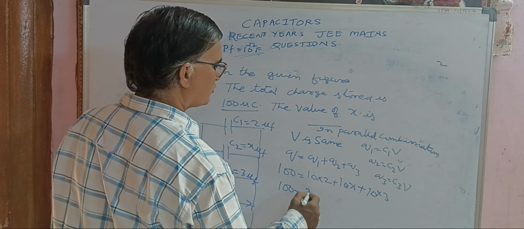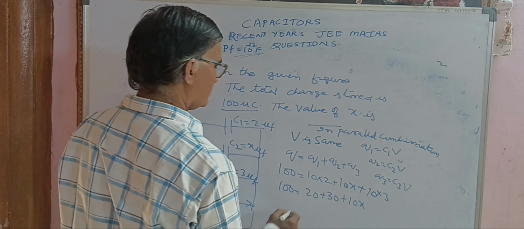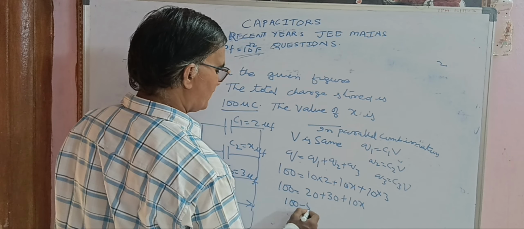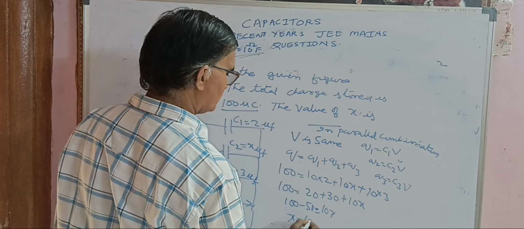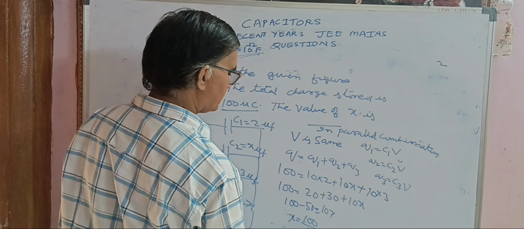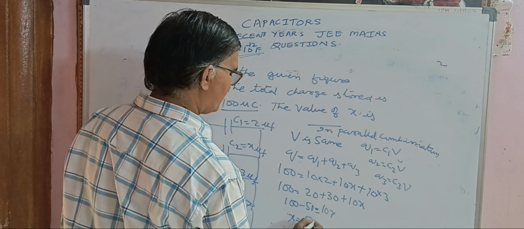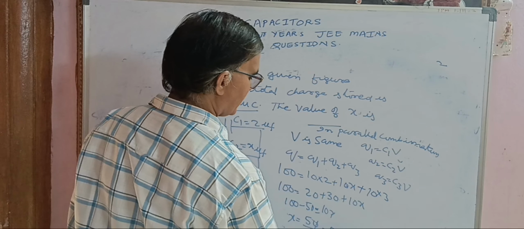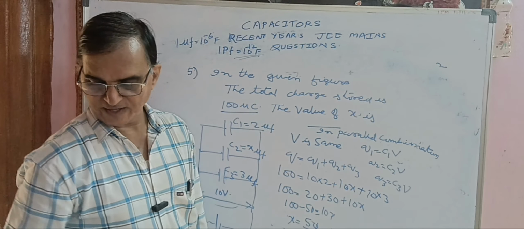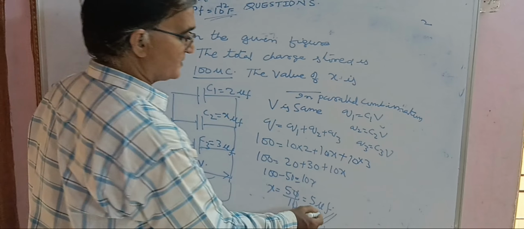So 20 plus 30 is equal to 10x, so 100 minus 50 is equal to 10x. X is equal to 50 by 10. That is how much? 5 microfarads. X is 5 microfarads, that is the answer.